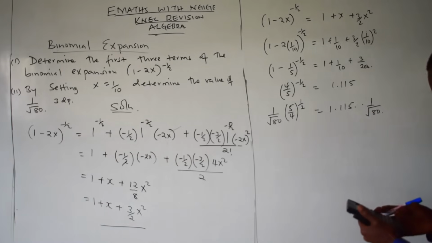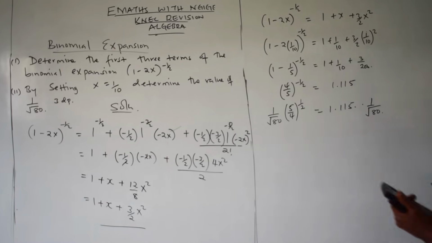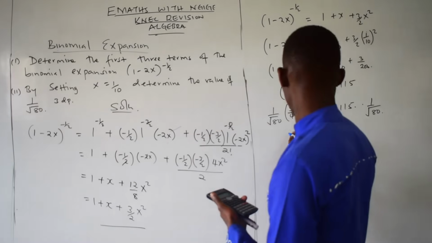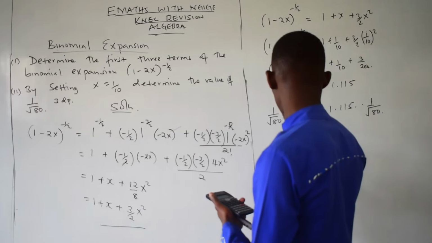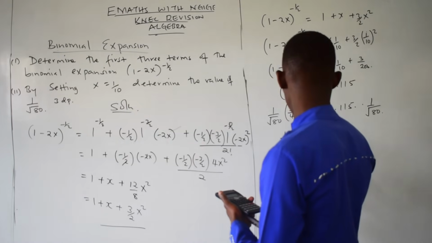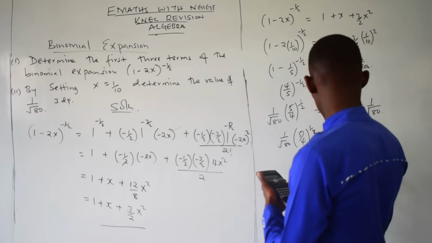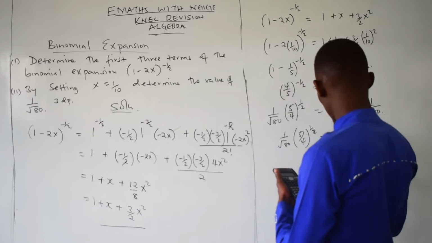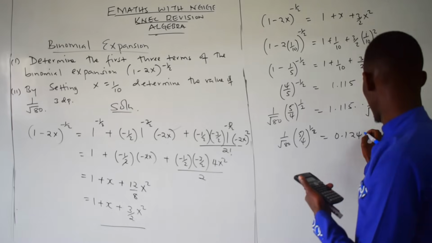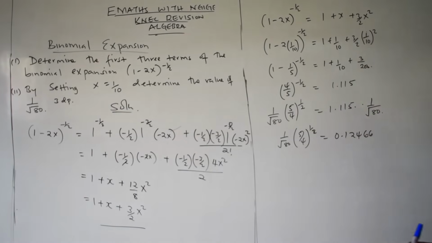So multiply by 1 over the root of 80. What do you get? You get 1 over the root of 80. We have 5 over 4, then a half equals 0.12466. So you can put that.